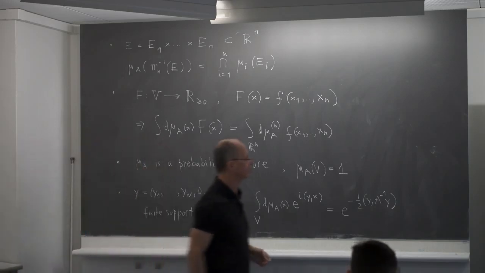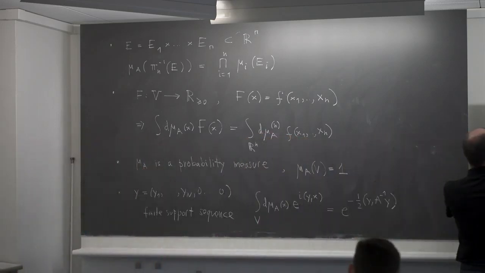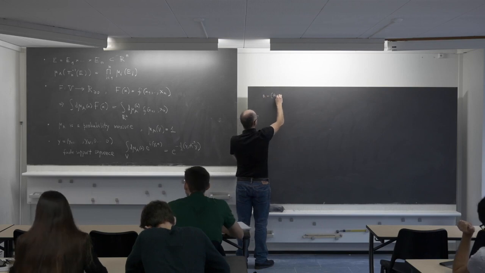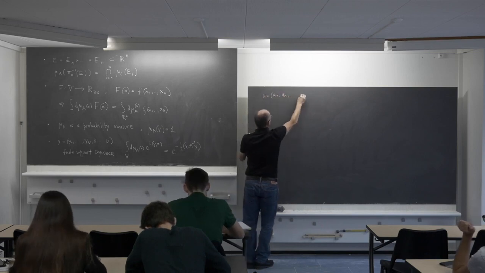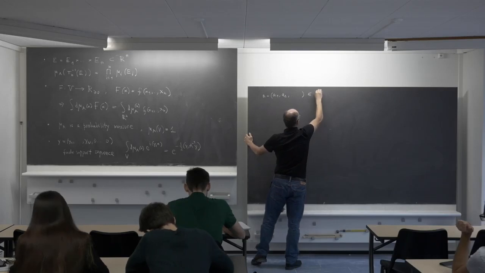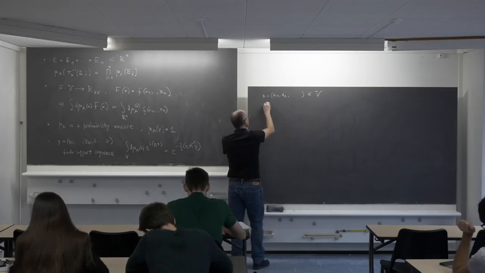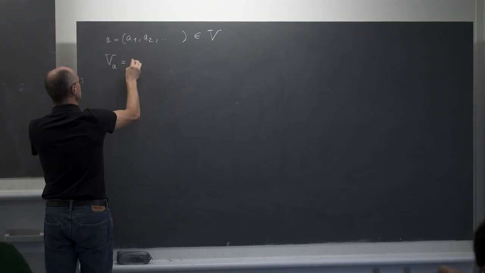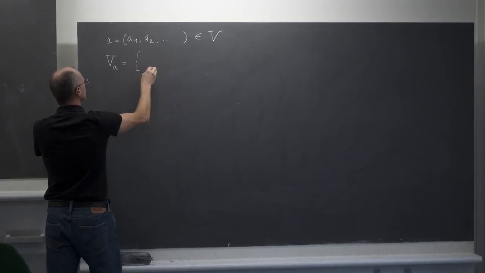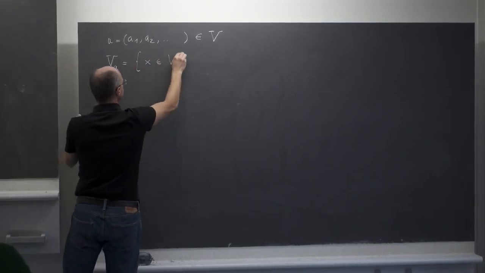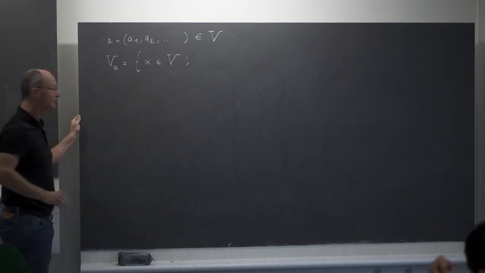So let's do the following. Let me denote by A some infinite sequence in V. And let me denote by VA the following subspace.